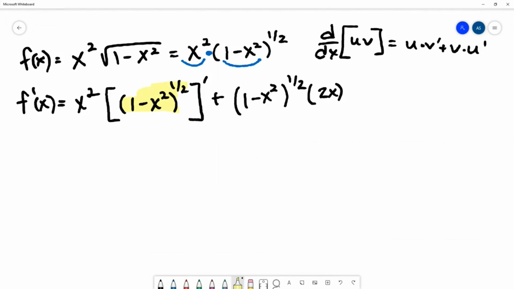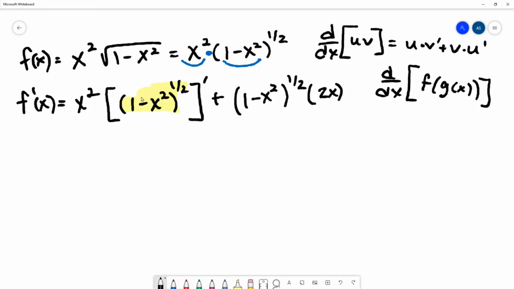With this derivative, I need to use the chain rule. The chain rule is used when you have the derivative of a composition of functions, or one function substituted inside of another function. And that's what we have right here in this yellow highlight. 1 minus x squared is substituted inside of this 1/2 power, which remember is a radical.